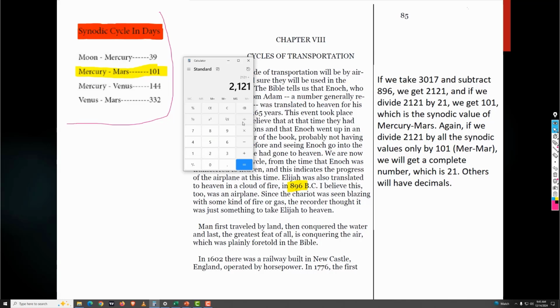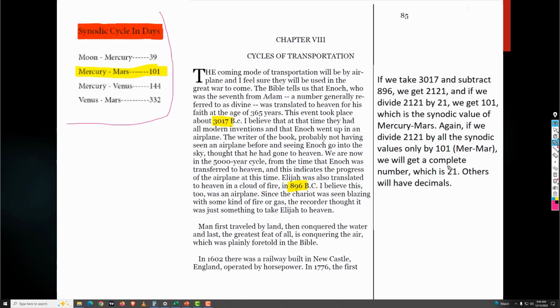Again, 2121 divided by 332, we get decimals here. 2121 can only be divided with a complete number by the Mercury Mars cycle, which is actually 21. Now you are just one step away from decoding the length of the Mercury Mars cycle.